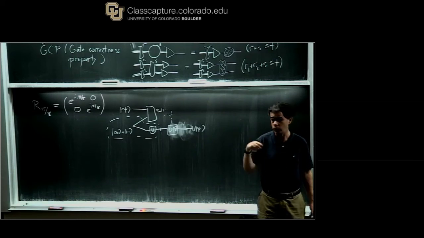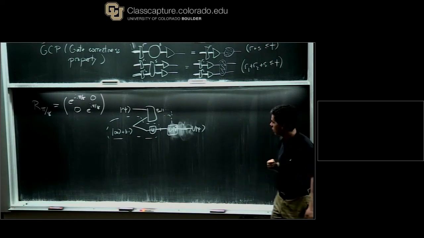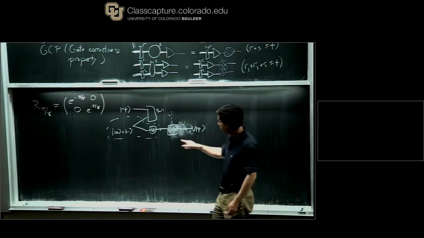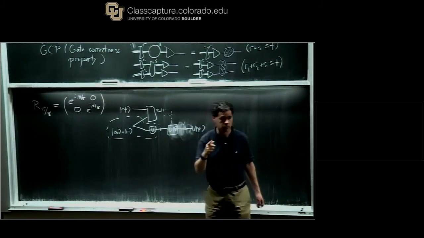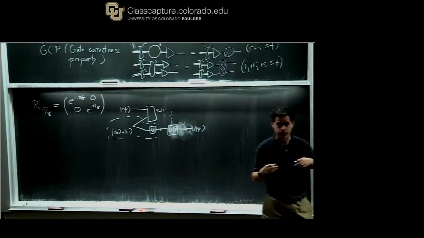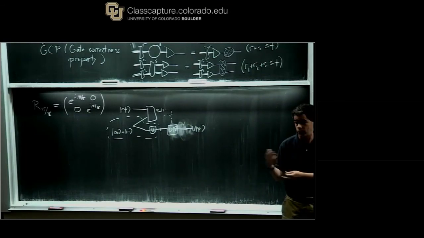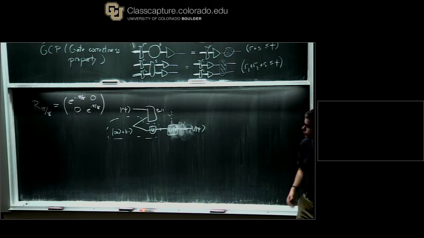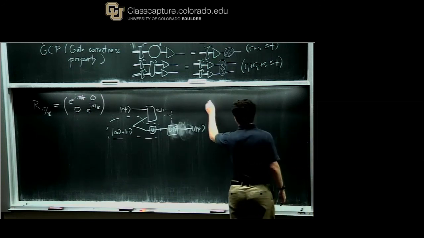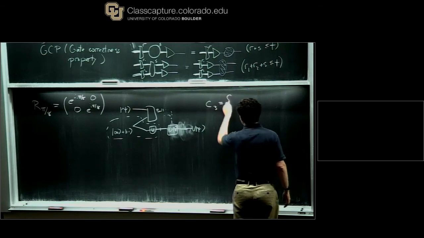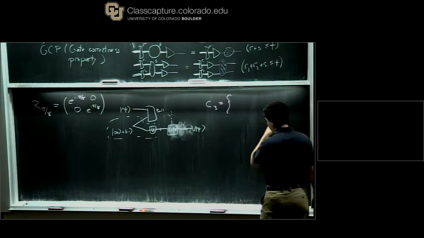Okay? But we want to go beyond Clifford group gates. So in the Clifford group, we could do this because UPU dagger was a Pauli. It was something simpler than this Clifford group gate that we were trying to do. And so more generally, we want a situation where UPU dagger is simpler than U. So in particular, I want to define a set of gates called C3, which has the following properties.